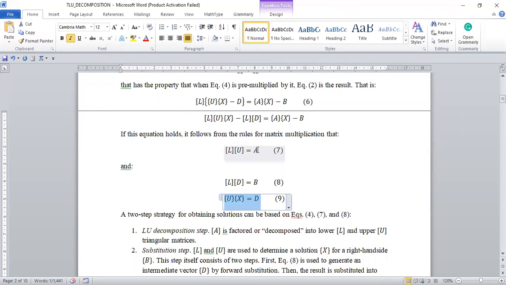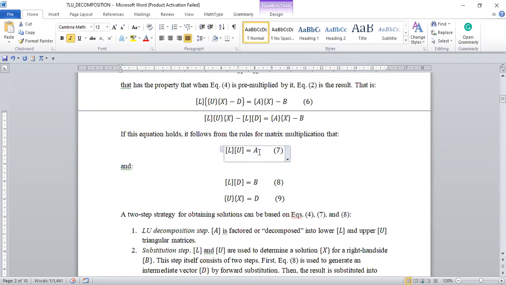Another very interesting reason why the LU decomposition method is much more superior than the Gaussian elimination method, which we discussed last week, is because if you have a question whereby your A matrix is constant, it doesn't change, but it's only your B matrix that is changing. So the A matrix is constant, but the B matrix changes.